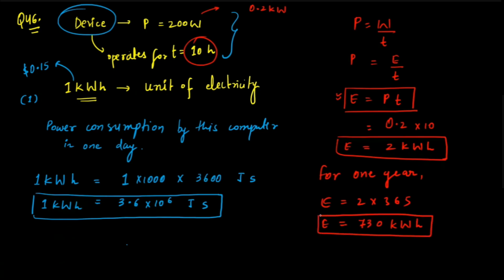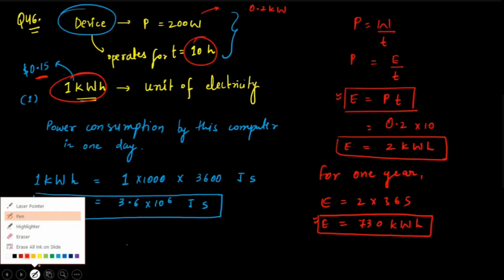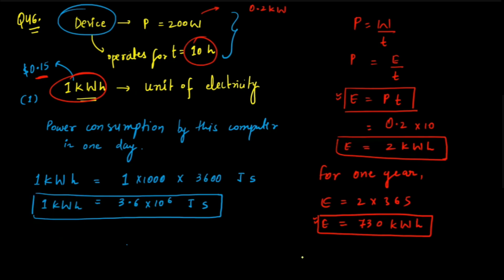Now we know that for 1 kilowatt hour, the charge is 0.15. For this much kilowatt hours of energy, how much is the company going to charge? Multiply this by the cost of energy, which is 0.15.